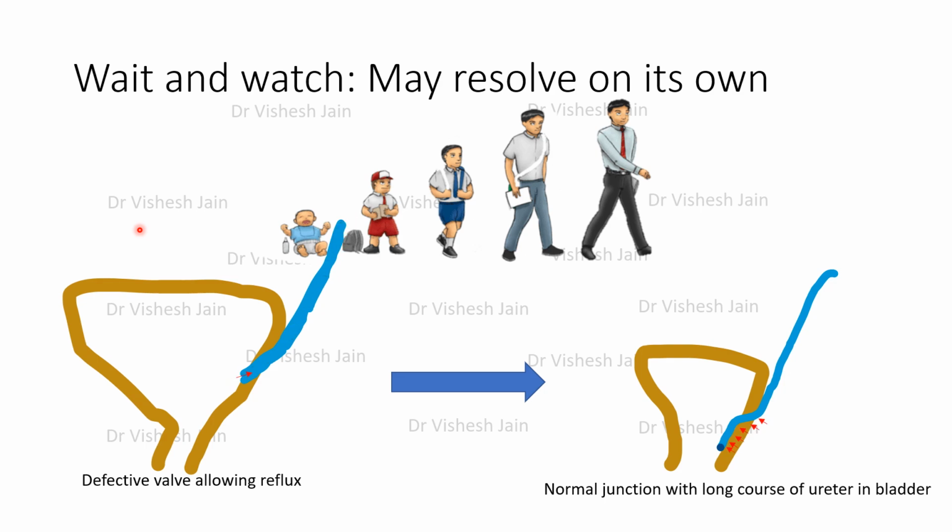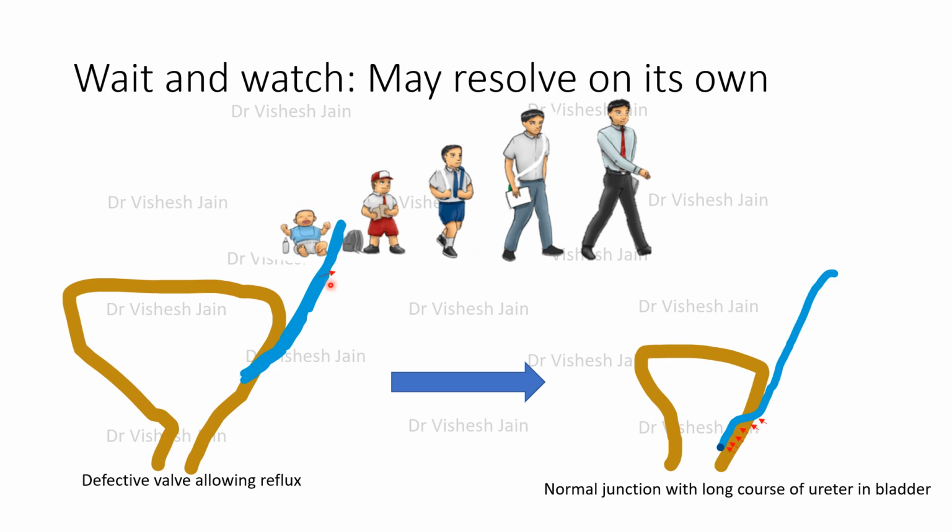This low dose administration of antibiotics is necessary, especially if we are doing a conservative approach. That is, we are waiting and watching the patient and hoping for a spontaneous resolution of reflux. This spontaneous resolution can happen as the child grows.